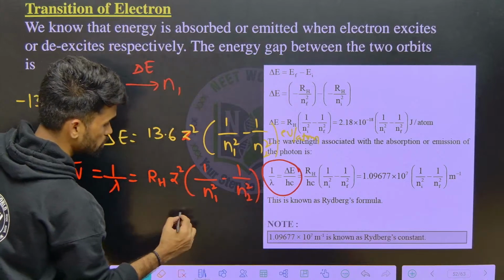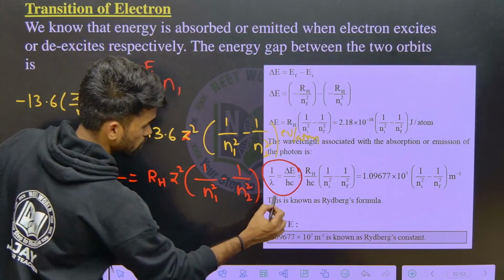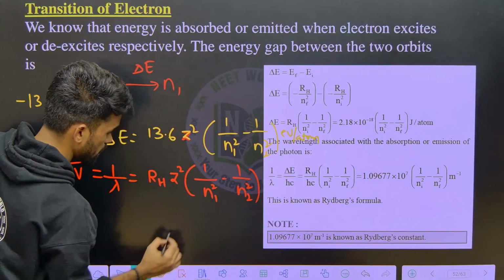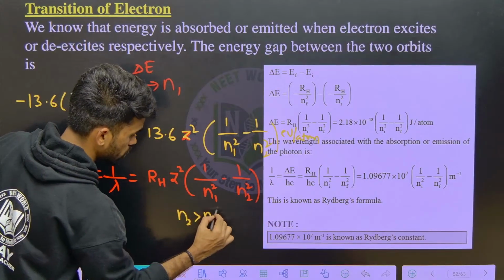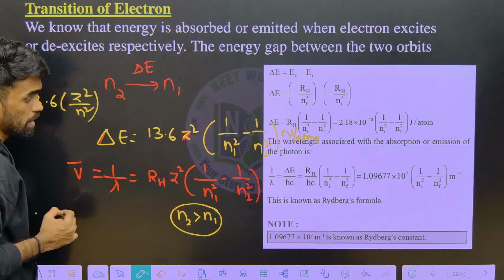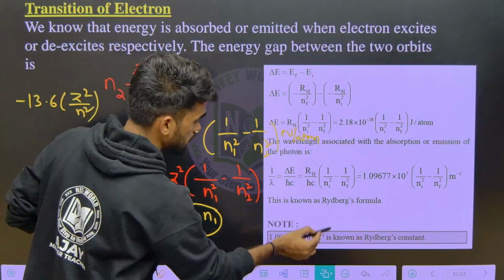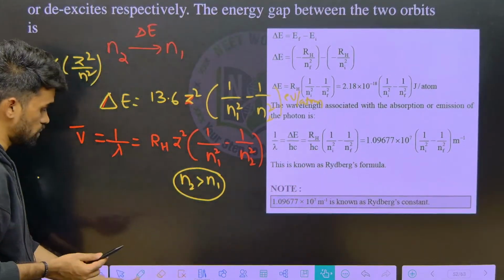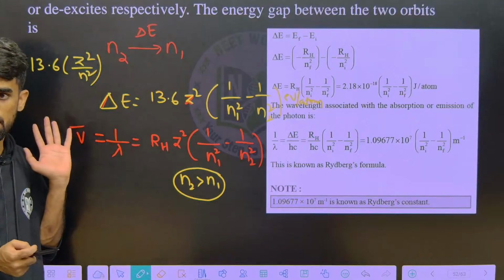This 1 by lambda is the inverse of wavelength, we can also call it wave number. I hope you know this. Always remember this n2 should be greater than n1. Here R_H is called Rydberg's constant, and this equation is Rydberg's formula, we can say.